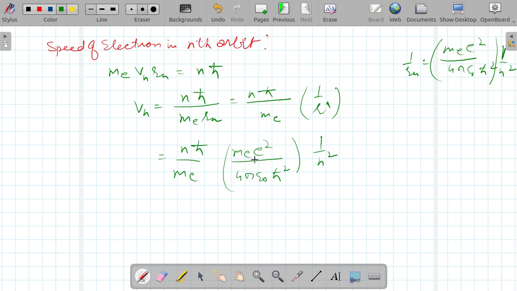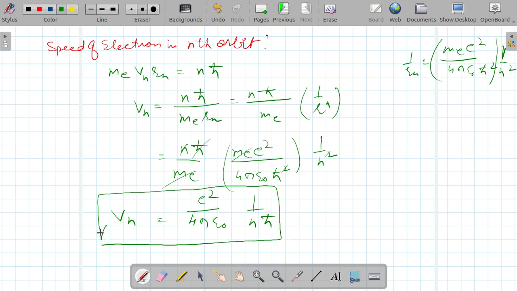So we'll simplify it. This h cross will cancel with it, this me will cancel out with it, so it is e square, and this n with this n. So it is e square over 4 pi epsilon naught, 1 over n h cross. This is the velocity of the electron in the nth orbit.